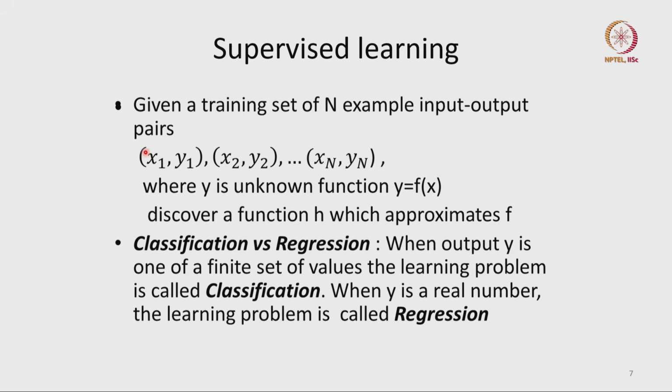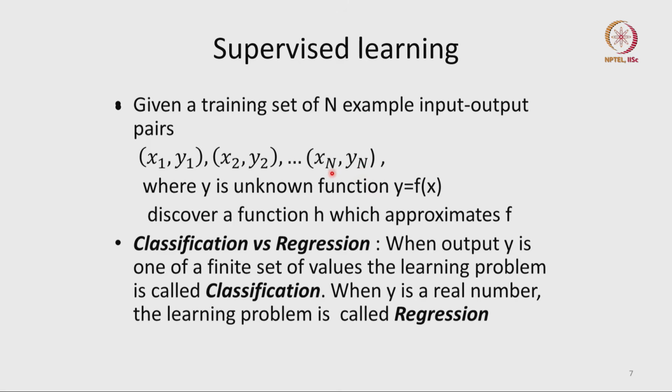So, you have pattern x1, and you have y1 where y is your class label and x1 is your input data, which may consist of say a d-dimensional vector which contains all the feature values, feature 1, feature 2, feature 3, etc. And y gives you the class label. Similarly, we have n such patterns, and y is a function of x. So, depending on x you will have to find y.